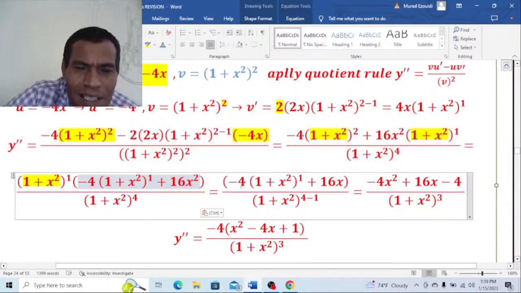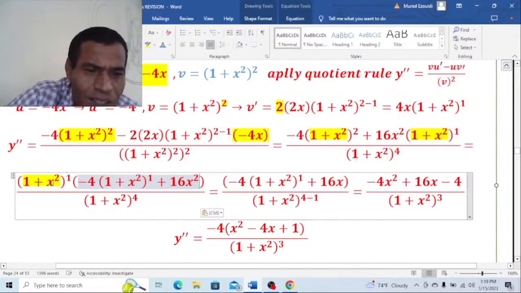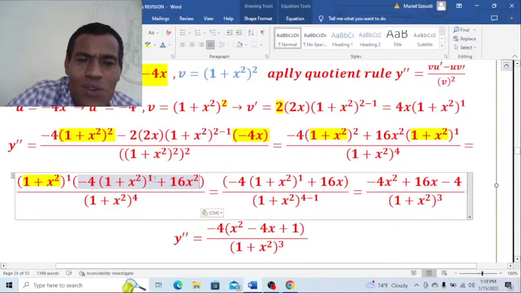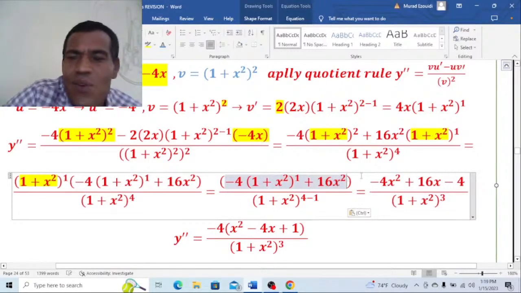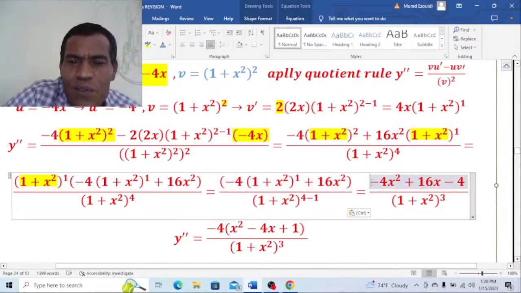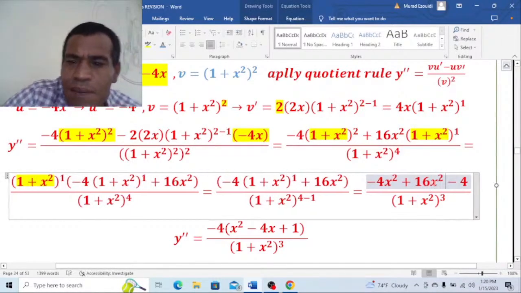Then I will simplify this by division. I will make (1 plus x squared) raised to the power 4 minus 1 written down here. Then minus 4 multiplied by (1 plus x squared) to the power 1, plus 16x squared. So negative 4x squared plus 16x squared, minus 4.